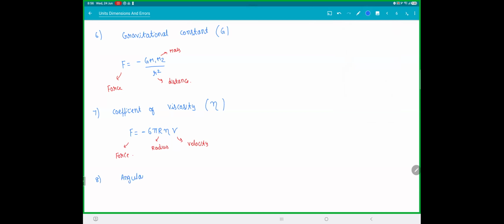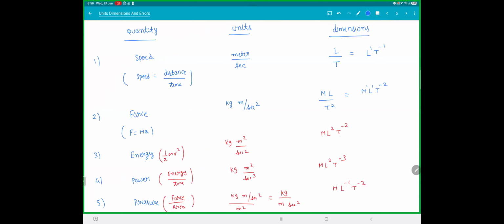Angular velocity. The symbol is omega. We call this thing omega. So omega is angle by time. Yeah, get them. In pressure, this is meter.